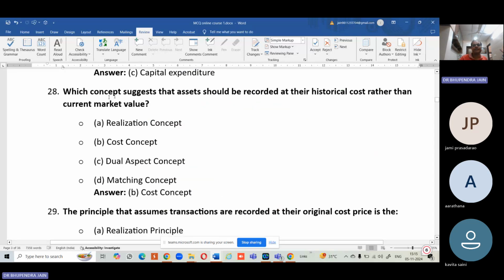Which concept suggests that accounts should be recorded at their historical cost rather than current market price? So the concept is the historical cost concept.